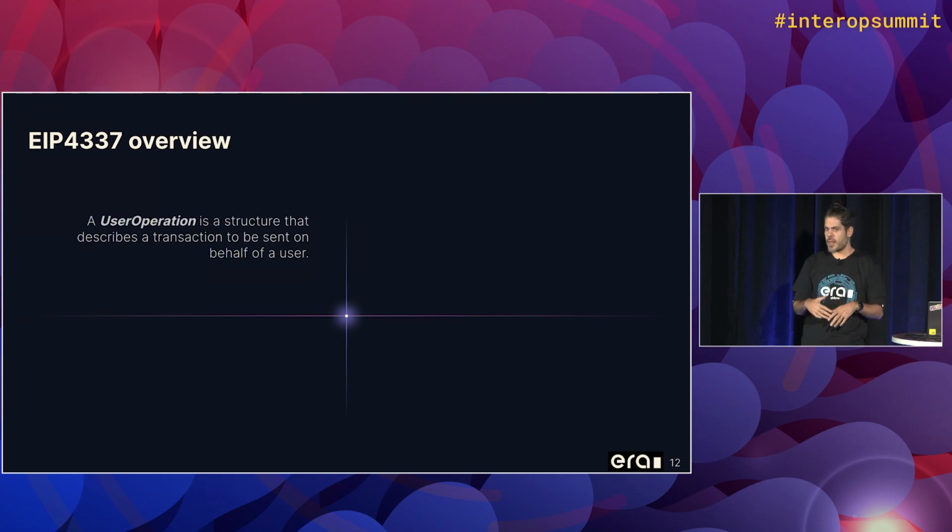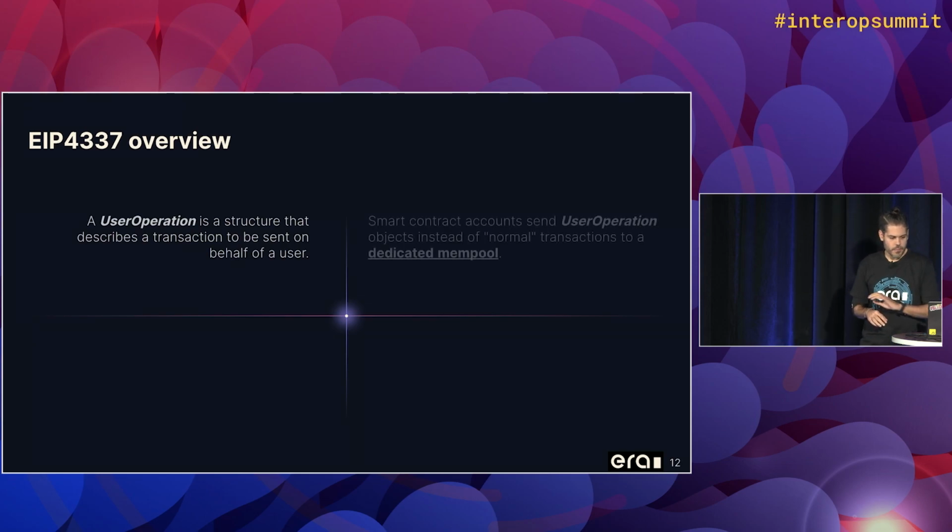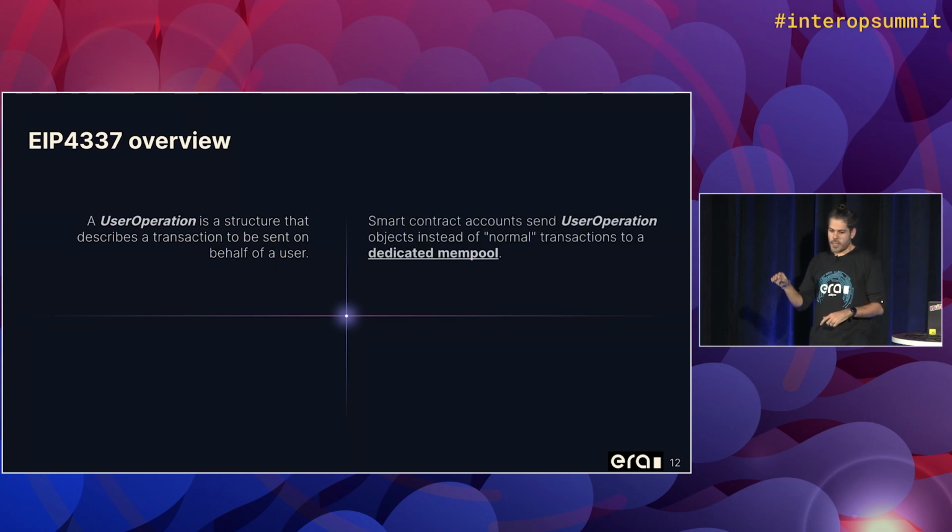So instead of normal transactions, we have this thing called user operations. The smart contract accounts will send these user operations to a dedicated mempool. So we will have externally owned accounts sending transactions to the mempool that we all know, and smart contract accounts sending user operations to a dedicated mempool.